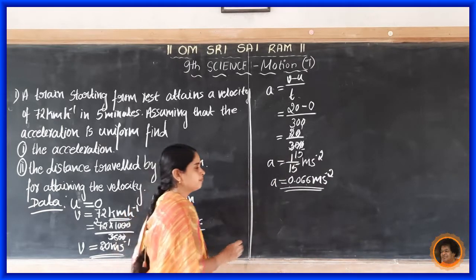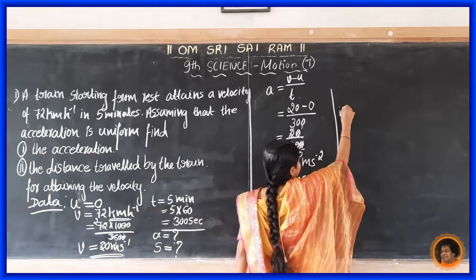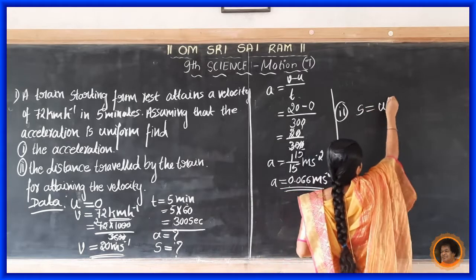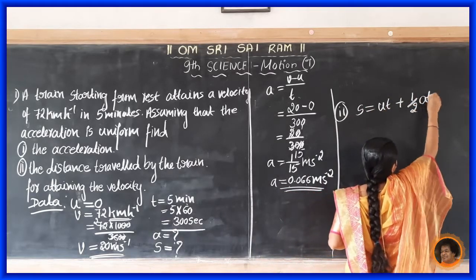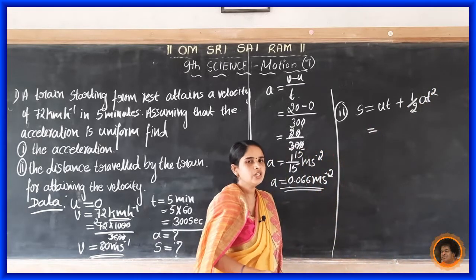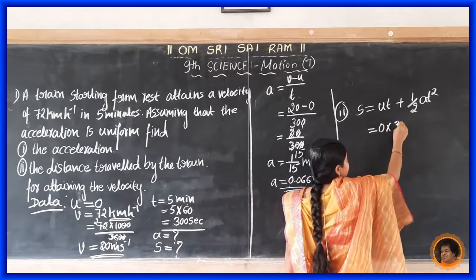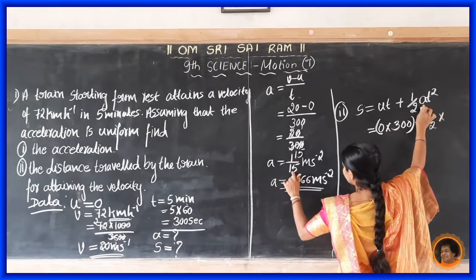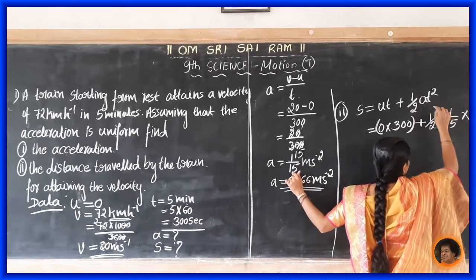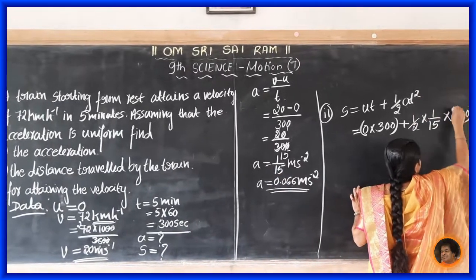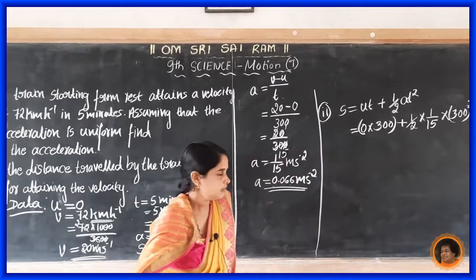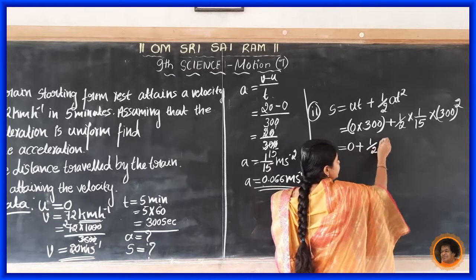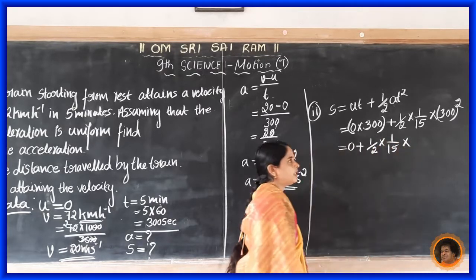Next find the distance travelled. Distance travelled formula: s equals ut plus half at square, equals initial velocity 0 into t value 300, plus half into a value 1 by 15 into t square, 300 whole square, equals 0 plus 1 by 2 into 1 by 15 into 300 whole square.